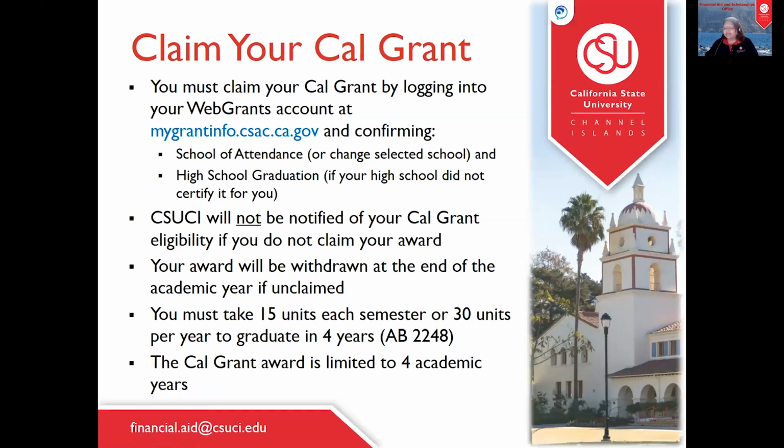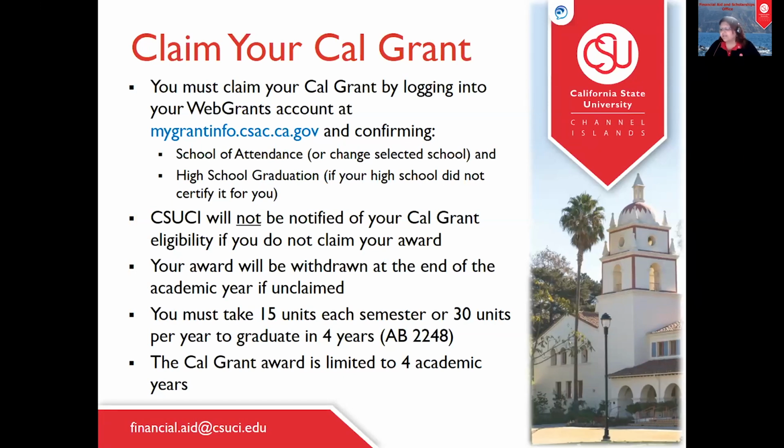Claiming your Cal Grant. If your Cal Grant estimate is not showing up on your financial aid offer, it does not mean that you won't receive it. It basically means that it's in review, or you might have changed the school to CI. Always double check and make sure that you've listed CI. But one of the most important things that I could encourage each one of you to do is to claim your Cal Grant by logging into your WebGrants account and the website's there.